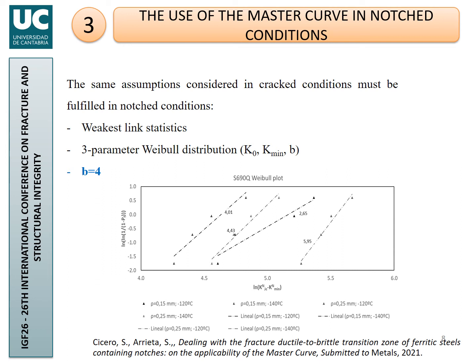Then, concerning the shape parameter, in cracks it takes the value of 4. To check the value of this parameter on notched conditions, we have a number of sets of experimental results combining a given material with a given temperature and a given notch radius. You may find it in the references and in the literature.